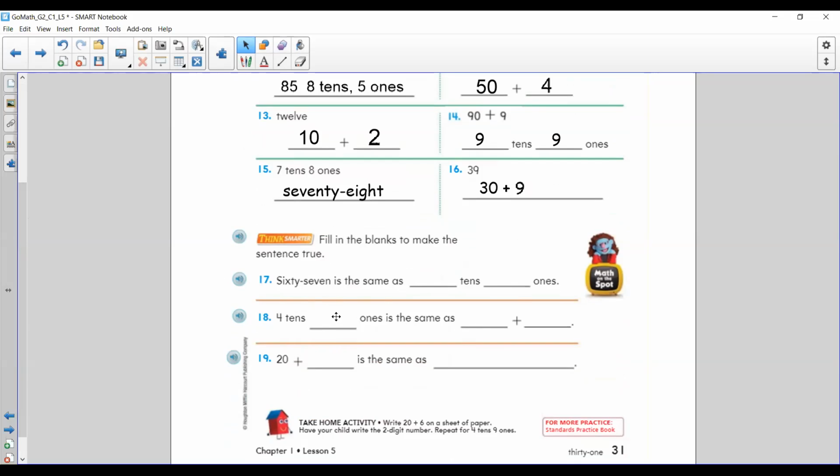Oh, 4 tens and a certain number of ones, excuse me, is the same as blank plus blank. And 20 plus a number is the same as this number. So we have some choices here. Okay, let's go to math on the spot and see how they solve this problem.